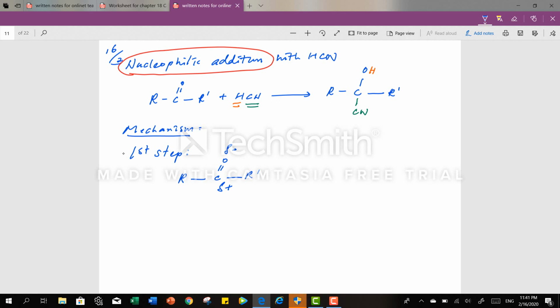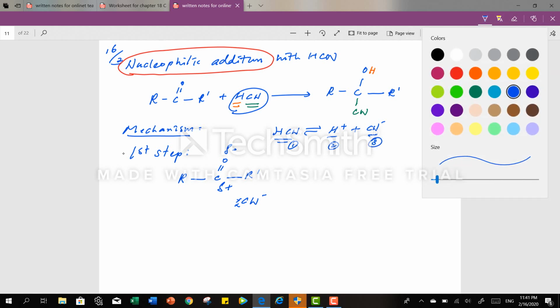HCN in water acts as a weak acid, so it will give out these two ions. So basically these three are present in the reaction mixture, okay?